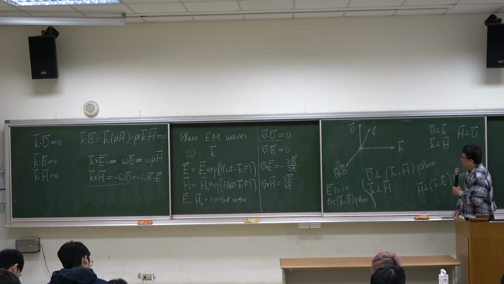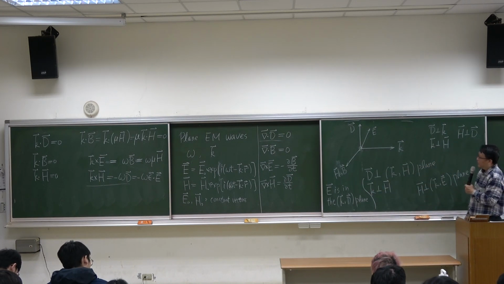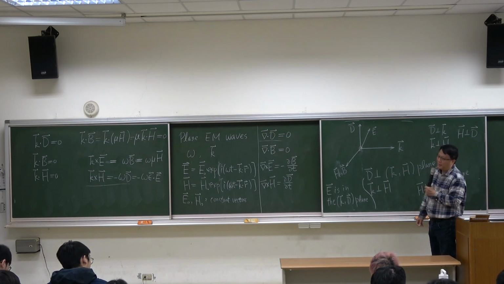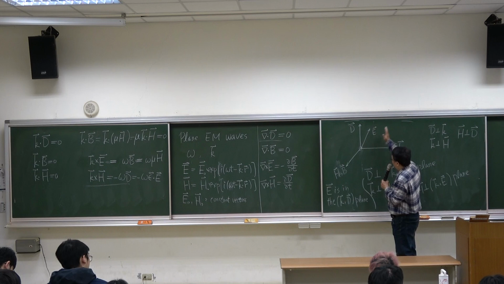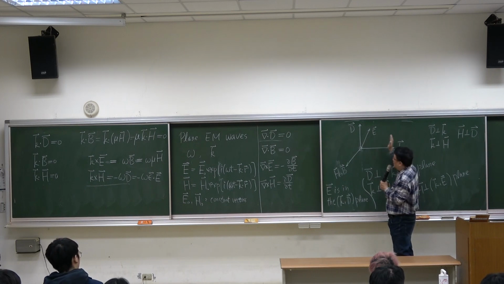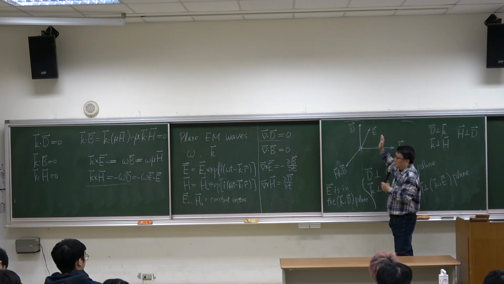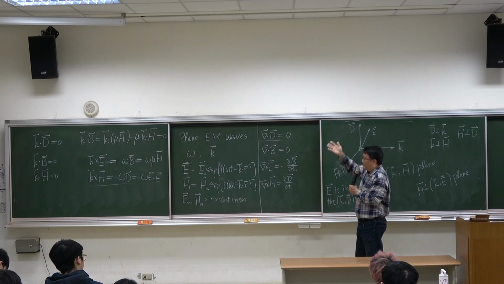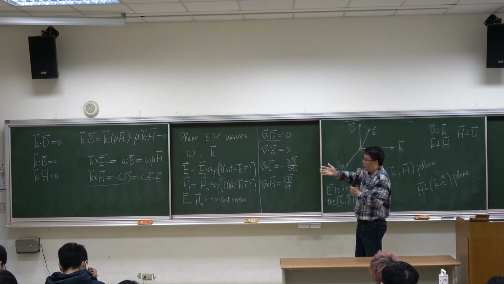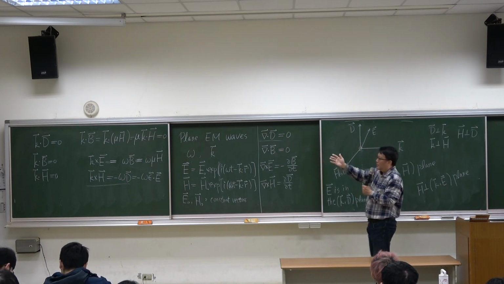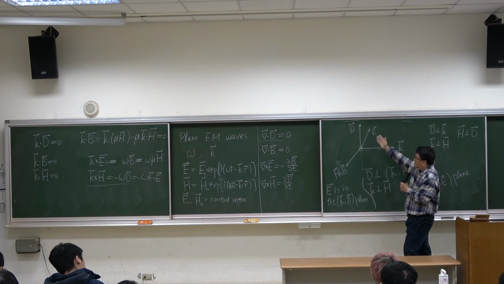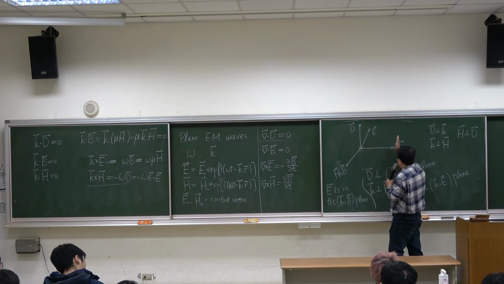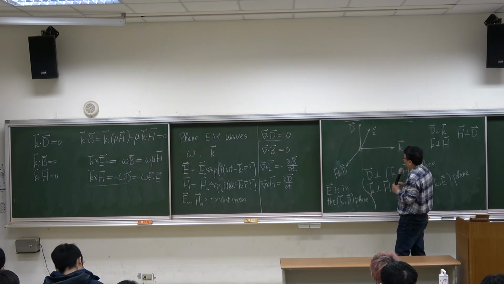Okay. 好，那这边有一个有趣的事情就来了啊，就是说 K vector 所代表的是相位的传播，对不对？好，the K vector represents the propagation of phase, the direction of the propagation of the wave phase. Wave phase propagates along the k direction.